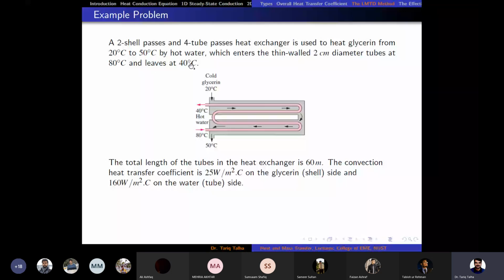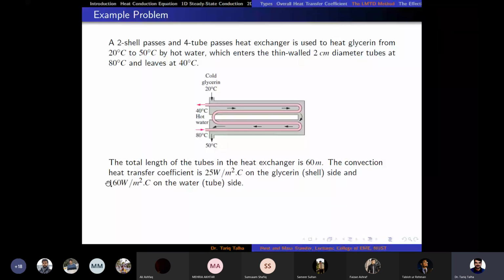So now we have been given the inlet and outlet temperatures for both the fluids. The total length of the tube in the heat exchanger is 60 meters. The convection heat transfer coefficient is 25 watt per meter square Kelvin on the glycerine side, which is the shell side. So it means glycerine is on the shell side, and the water is on the tube side. So h outer would be 25 and h inner would be 160 watt per meter square Kelvin.